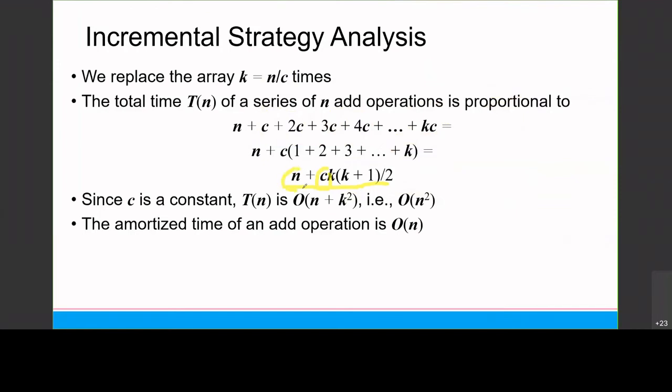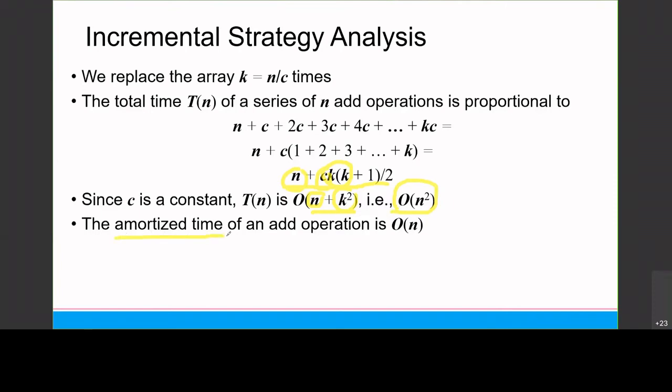So we only care about n and k to the power of 2, because here is k multiplied by k plus 1. If you remember the big O analysis, we just consider the higher order. The lower order we can remove. So we have O of n plus k to the power of 2. If k and n are alike in magnitude, then we can just say that it is O of n to the power of 2.